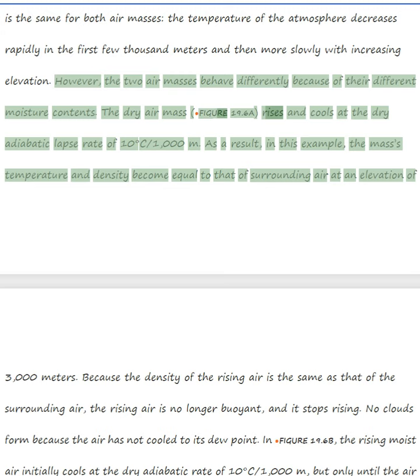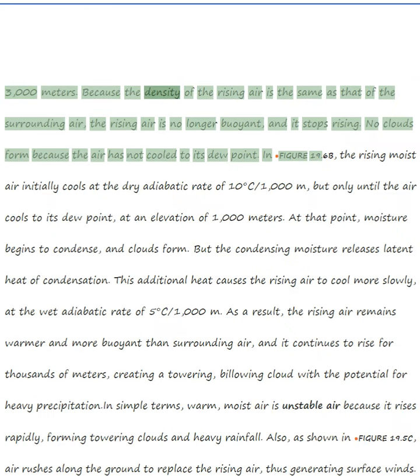The dry air mass rises and cools at the dry adiabatic lapse rate of 10 degrees Celsius per 1,000 m. As a result, in this example, the mass's temperature and density become equal to that of surrounding air at an elevation of 3,000 meters. Because the density of the rising air is the same as that of the surrounding air, the rising air is no longer buoyant, and it stops rising.